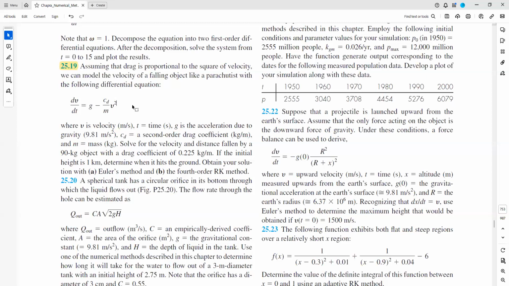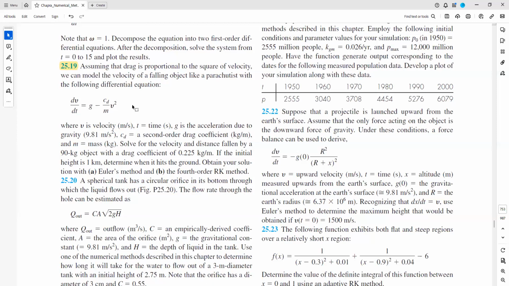Okay. So if I go back to problem 25.19, we have written dv over dt is g, the acceleration due to gravity, minus the drag force divided by mass to turn that into an acceleration. So to get v of t, we can treat this as a first order ODE for velocity or speed.